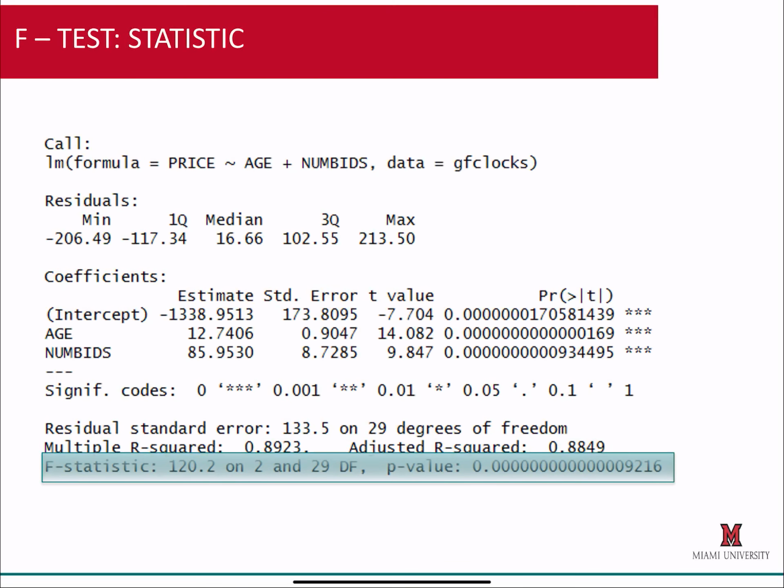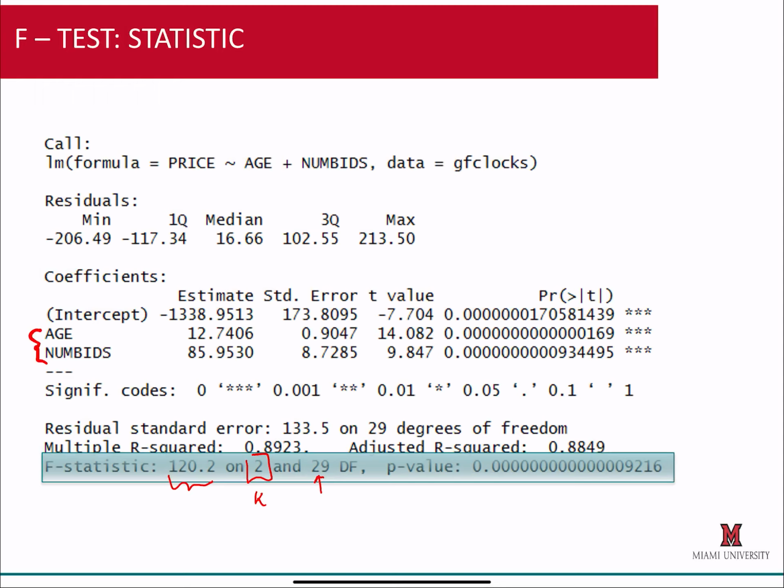So that is shown in the summary of the regression. That F statistic right there tells you that the average explained variation using these two predictors is about 120 times more than the unexplained. And then we have the degrees of freedom in the numerator, which is k, the number of predictors, and then the degrees of freedom in the denominator, 29, which is n minus k plus 1.